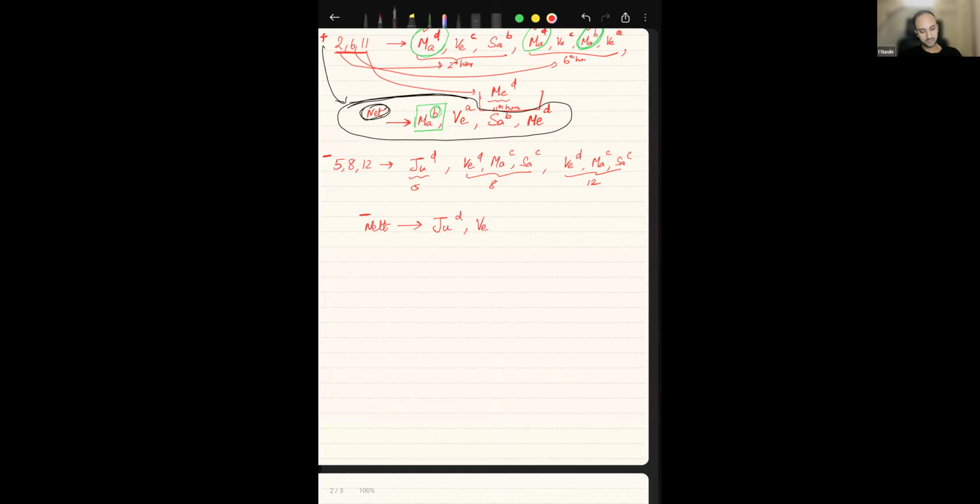Which is the highest power of Venus here? D. Next is Mars, the highest power of Mars, C. Highest power of Saturn, C. All right. So these are my net significators of negative.